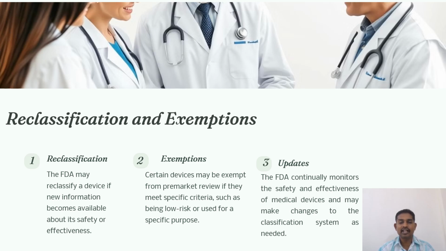These categories of equipment could be reclassified, and exemption can be made from pre-market reviews if they meet specific criteria, such as being low risk or used for any specific diagnosis or any specific treatment purposes.